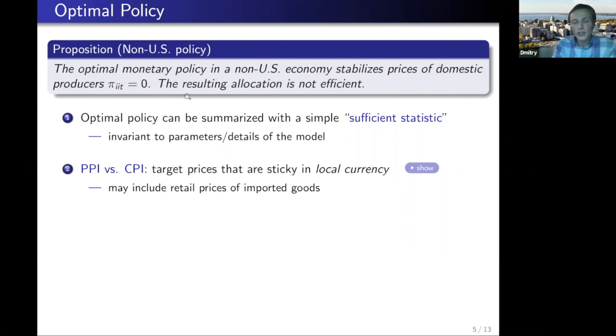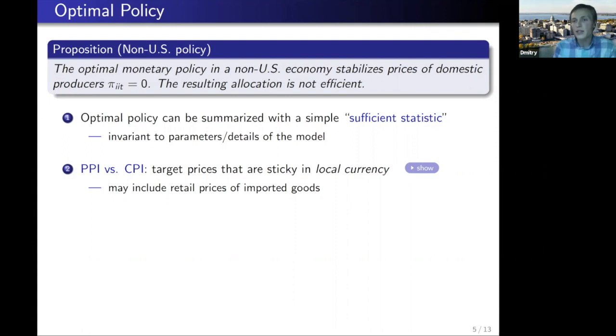So what is exactly the statistic? Well, if you take the model literally, then it is the PPI, the price of local producers. However, remember that this might include the prices of imported goods if they are sticky in local currency. If you take imported goods, which eventually are sold by the retailers, and the retailers set prices in the local currency, then these goods will also be included in the optimal price index targeted by the monetary policy.